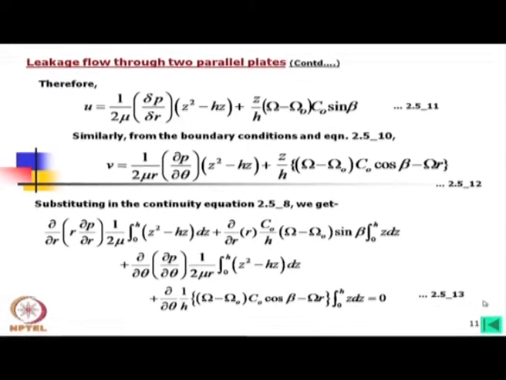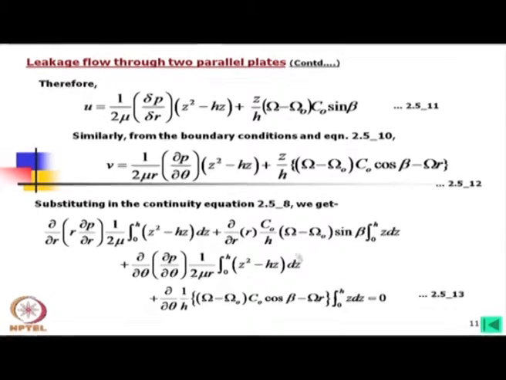Then we get this big equation: del by del r into r del p by del r 1 by 2 mu integration from 0 to h z square minus h z del z, plus del by del r c 0 by h into omega minus omega 0 sin beta integration 0 to h z del z, plus del by del theta del p by del theta 1 by 2 mu r integration 0 to h z square minus h z del z, plus del by del theta into 1 by h into omega minus omega 0 into c 0 cos beta minus omega r integration 0 to h z del z is equal to 0.